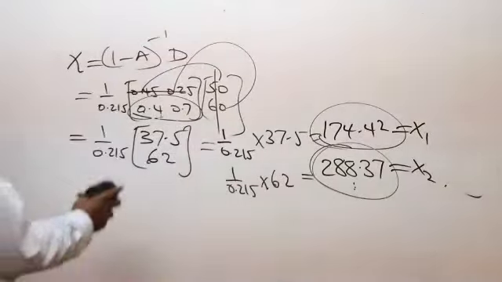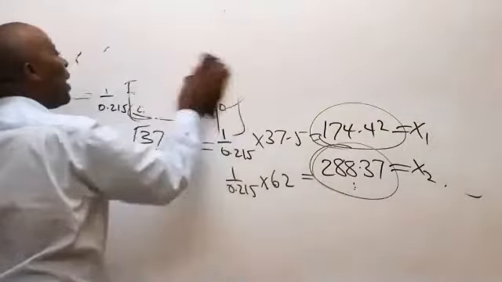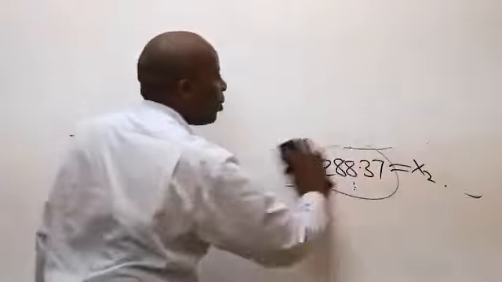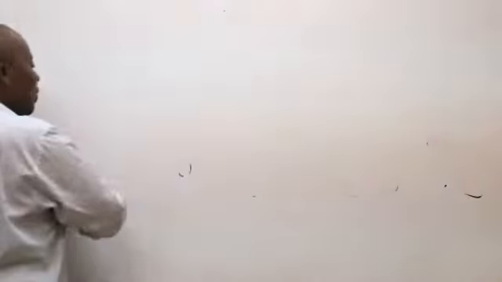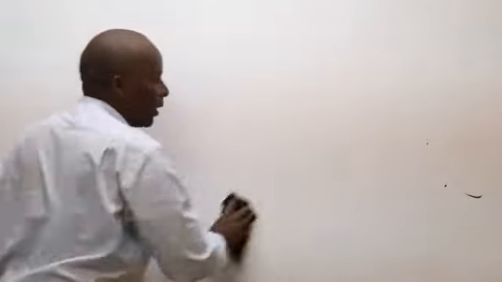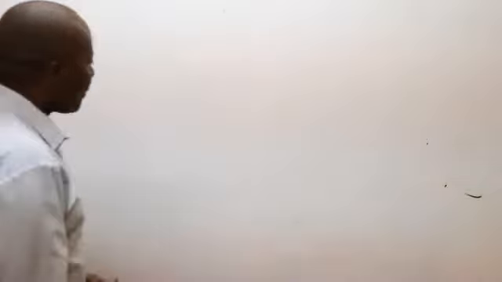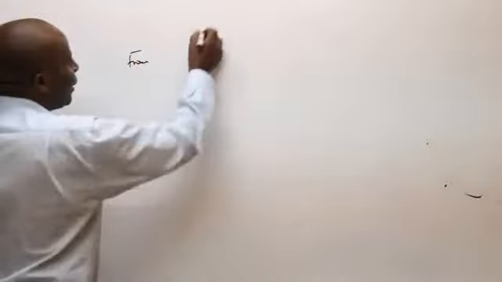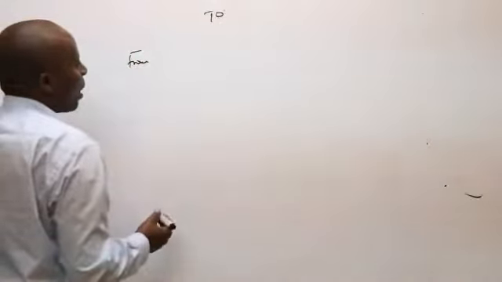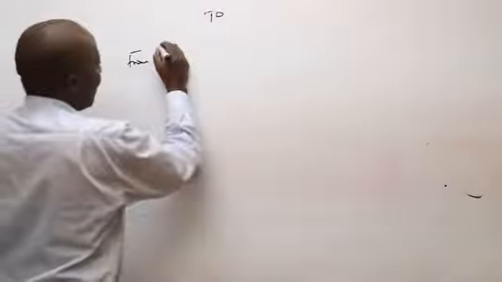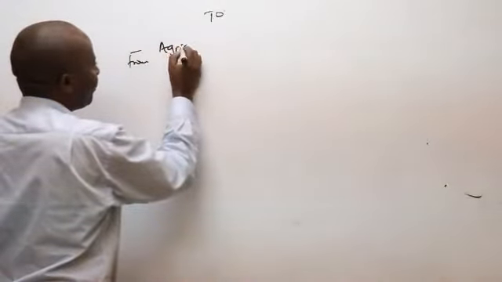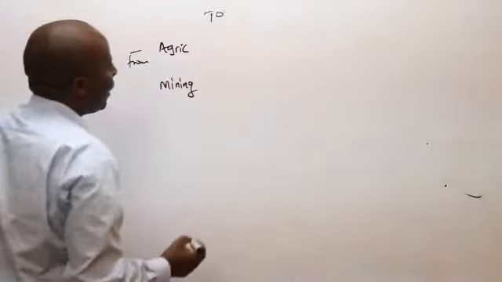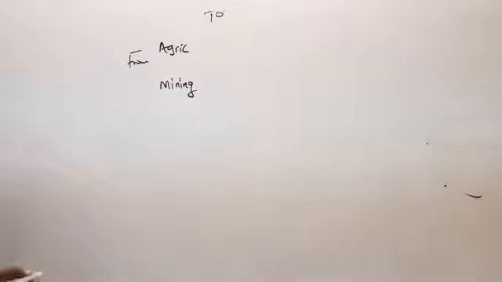Now, ladies and gentlemen, listen. Your examiner will never give you A directly like that. What your examiner will do is come and give you this kind of a question. We have here from, and to, 2 sectors: agriculture and mining.